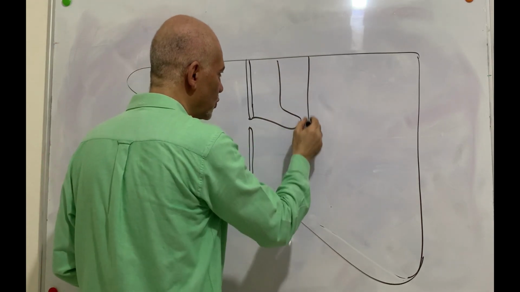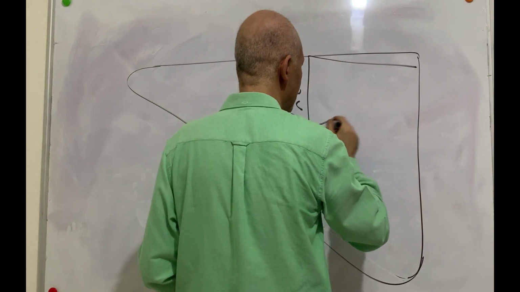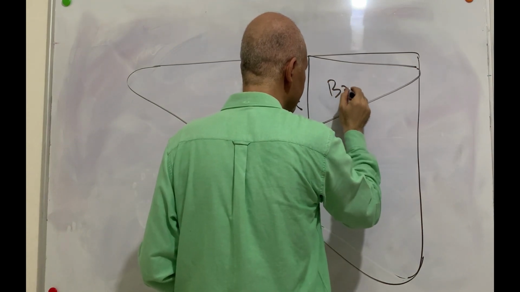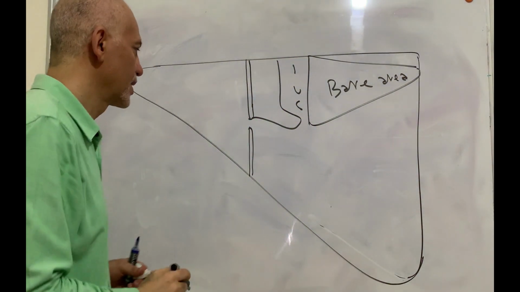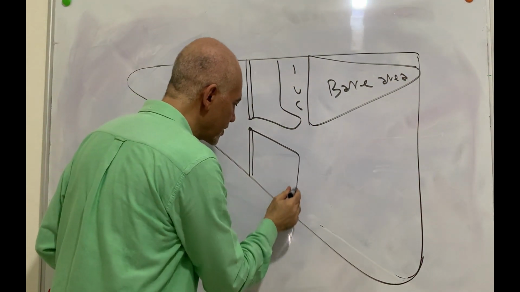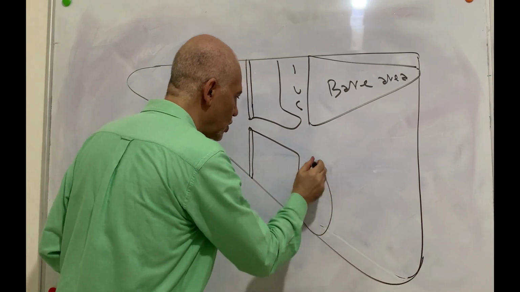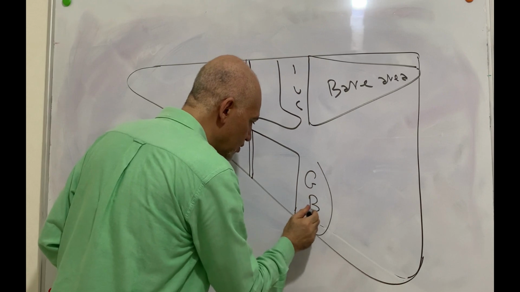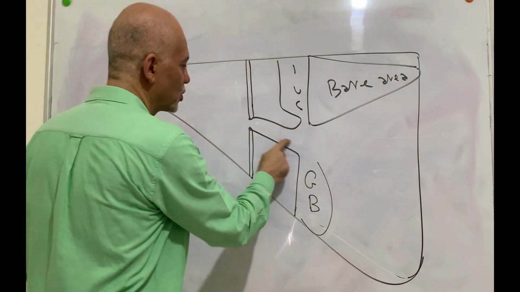This is the groove for the inferior vena cava, and this is the bare area. This is the quadrate lobe. This is the gallbladder fossa, and this is the hilum or porta hepatis.